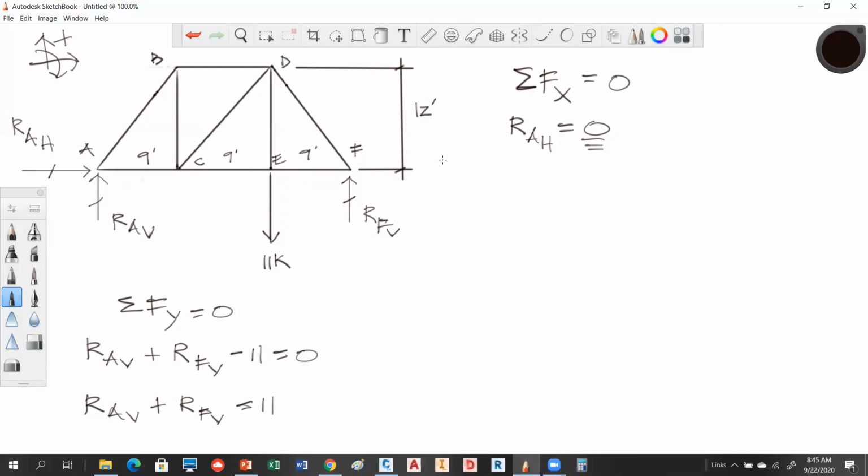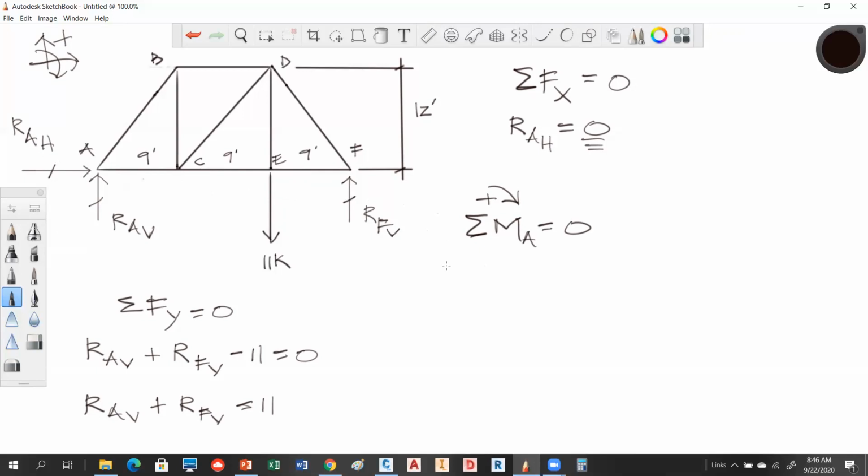Moment. All right, where do we want to take it? A. All right, A is a good spot because that's going to get these guys out of there and it'll solve RFV. So this is a pretty easy moment. So we've got 9 and 9 is 18.